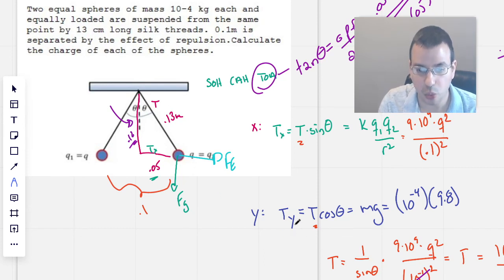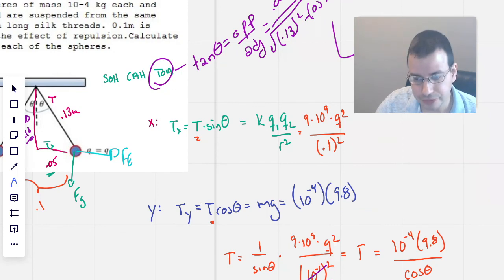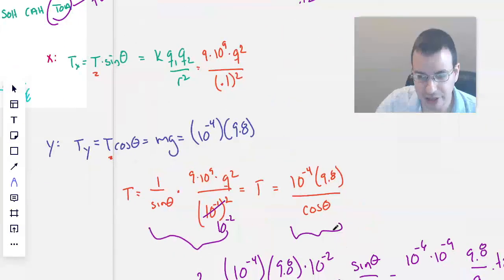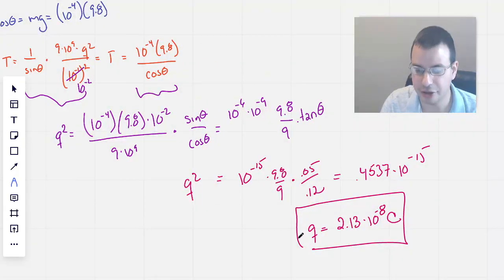We said the tension in the y direction was equal to gravity. We did some algebra to solve for tension along with trigonometry. And when we put it all together, we eventually found that Q squared was our lone unknown. Solving for that, we found Q is 21.3 nanocoulombs, which is possible.